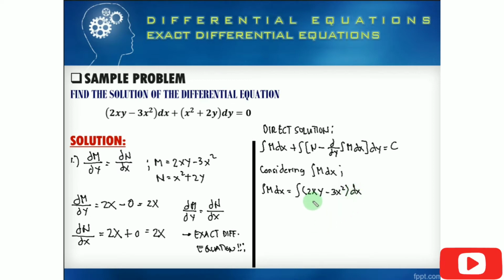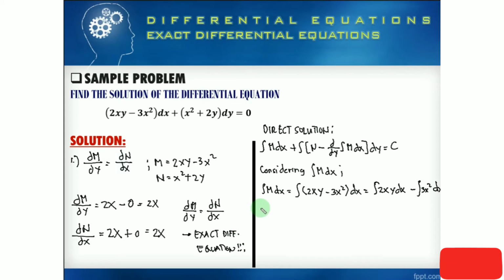Okay, so after that one we are going to distribute this integral and dx in each term. So we have here integral of your 2xy dx, and then minus this integral of 3x squared, and we have now this dx.